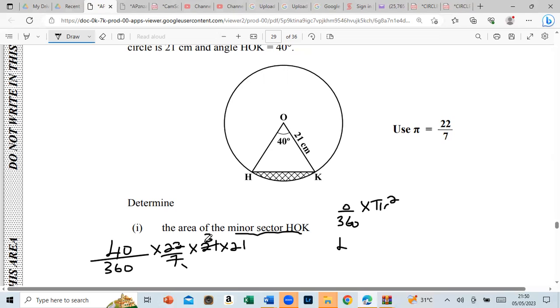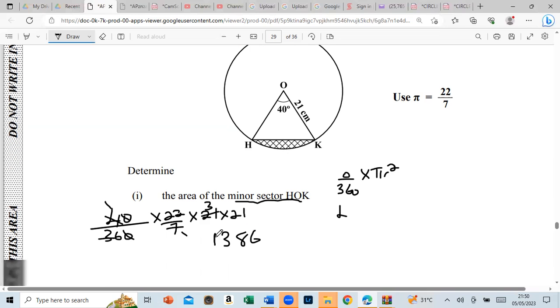22 times 3 gives us 66. So you multiply 66 by 21. So that's 1,386. We can reduce this, right? Divide by 10. So that gives me 1/9. So the answer now would be this times 1/9.